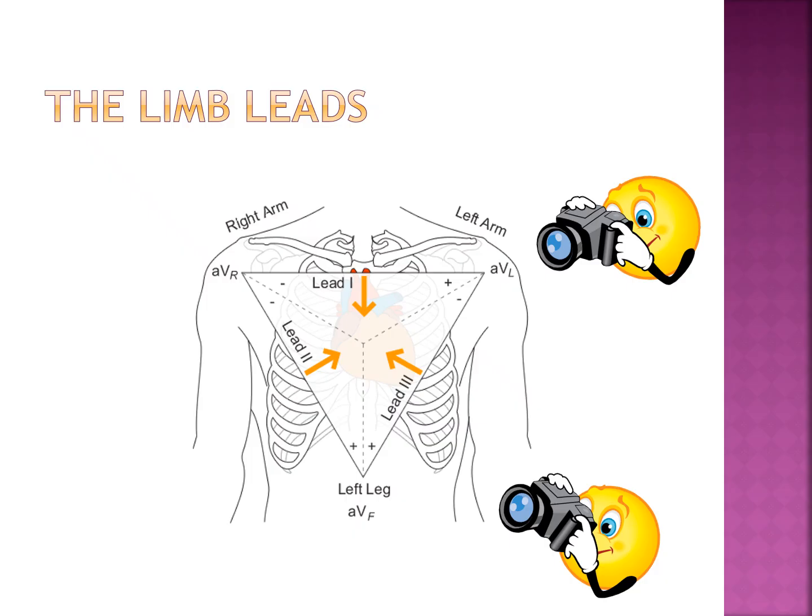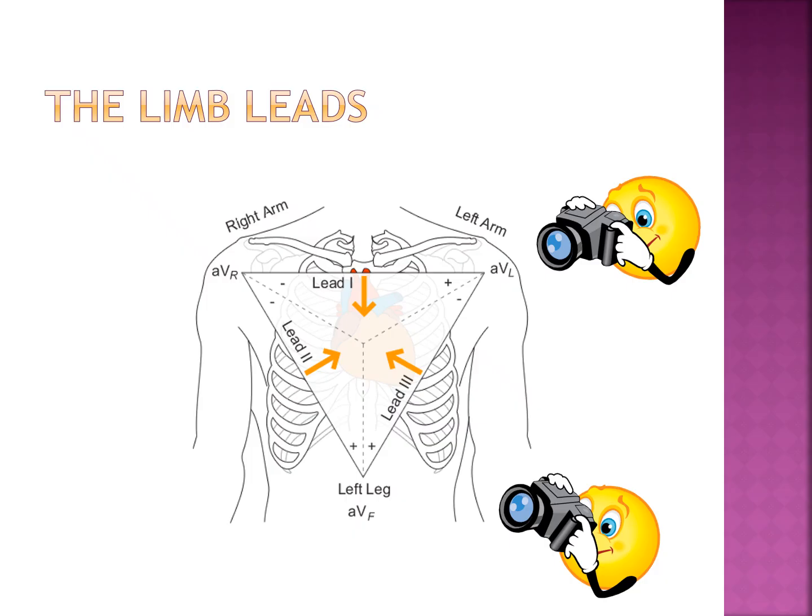Augmented vector left should look very much like lead 1, because in lead 1, AVL is also the positive lead. Lead 1 is positive. The left arm is positive also. So the electricity is traveling toward a positive lead, so we should always have an upward deflection of our QRS complex.